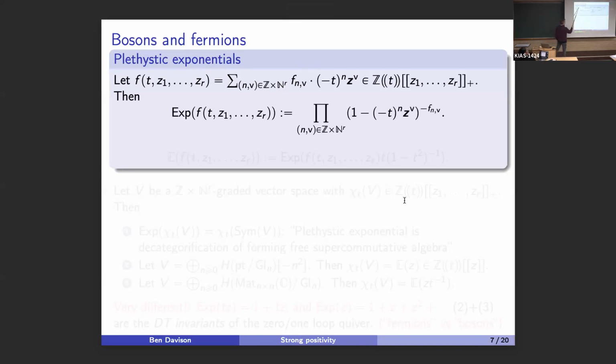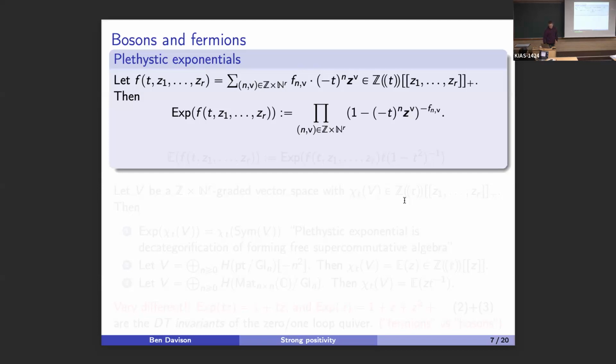So it's some formal power series, meaning that I have a whole bunch of coefficients, and those coefficients are the coefficients for these monomials. And what the plethystic exponential does is something odd. It takes those coefficients, which previously were just coefficients in my formal power series, and turns them into exponents in an infinite Euler product expansion.